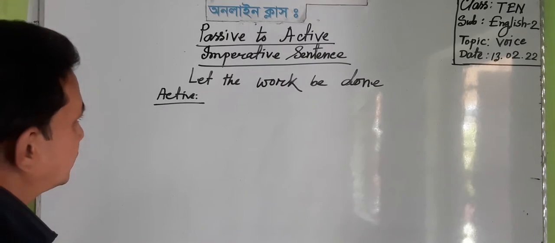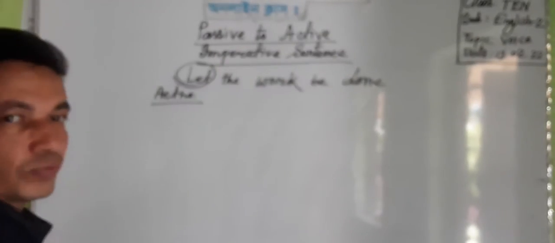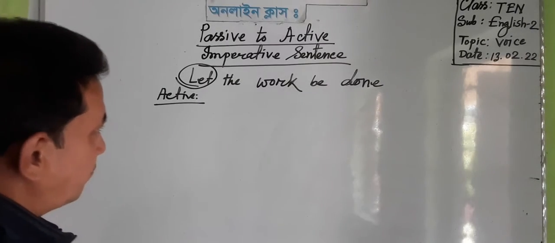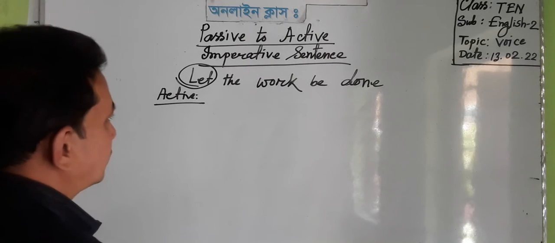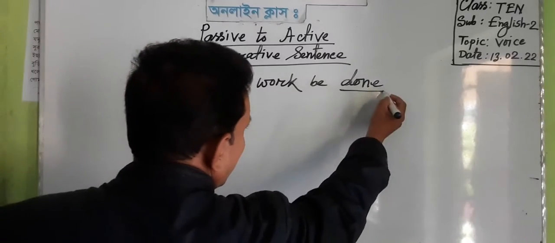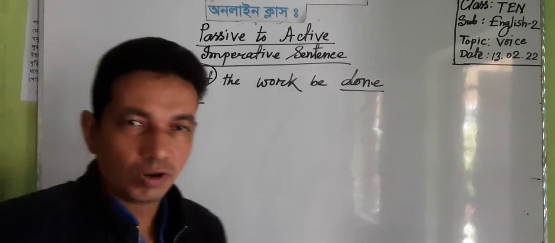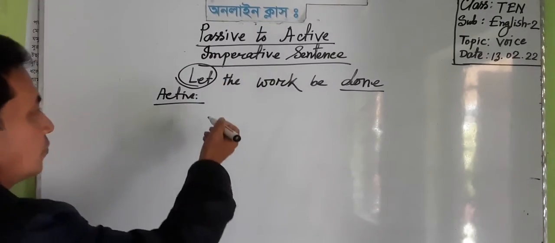So we should not repeat the verb let. We will remove let from the sentence. And according to the rule, we at first use the main verb. The main verb is done, and in an imperative sentence the main verb will always be in present form. Okay, dear students, present form.